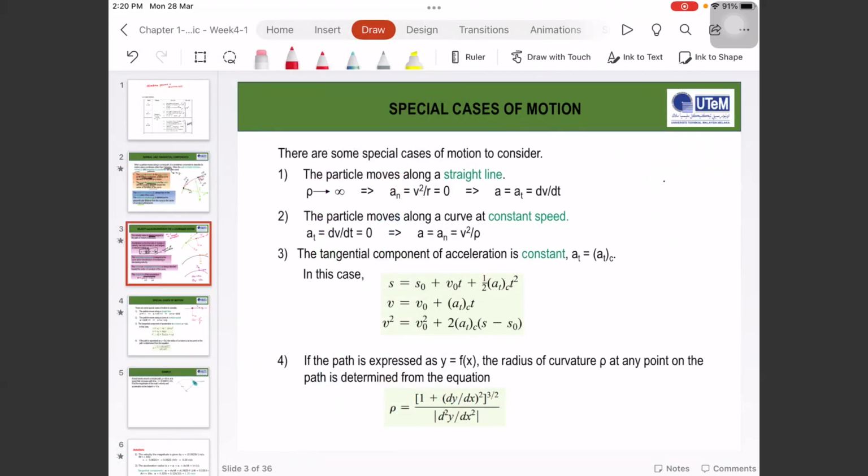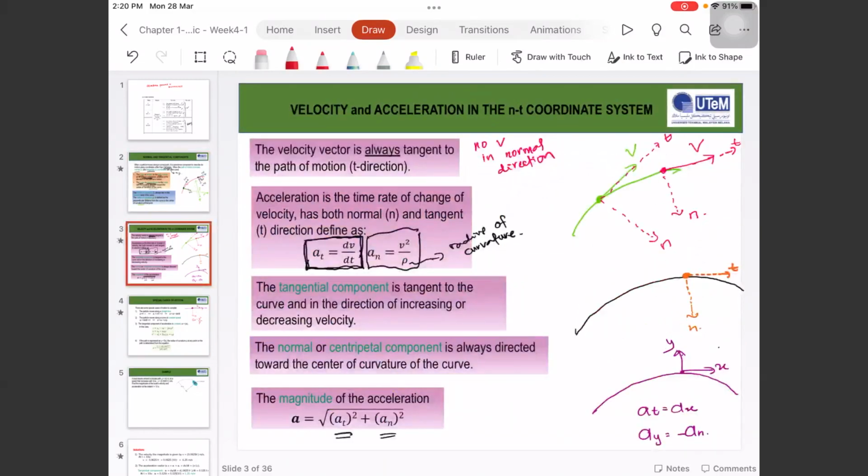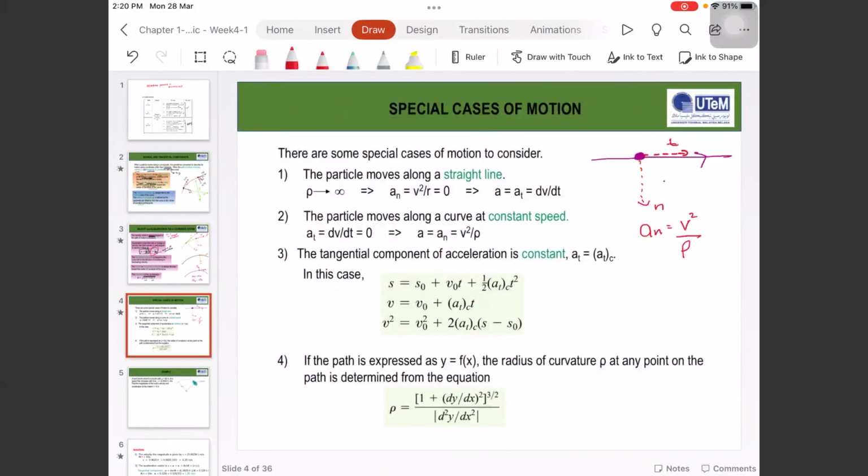We look at this equation: v squared over rho. So if it is a straight line, your rho is infinity. The radius of curvature is infinity.